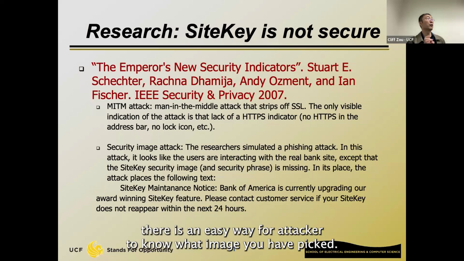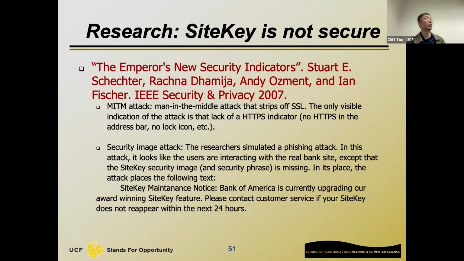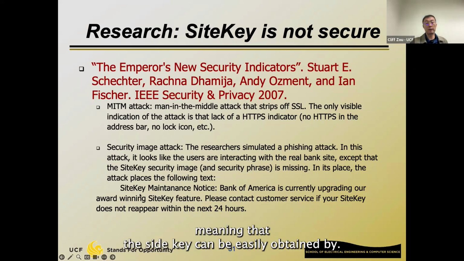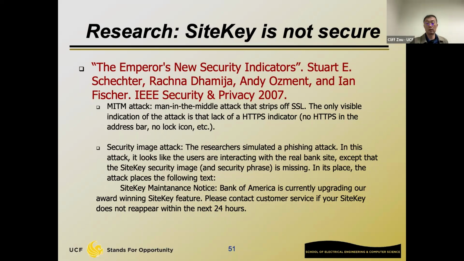There is an easy way for the attacker to know what image you have picked when you connect to the real bank website. It's called a man-in-the-middle attack. I will not explain the details, but the basic meaning is that the site key can be easily obtained by the attacker.